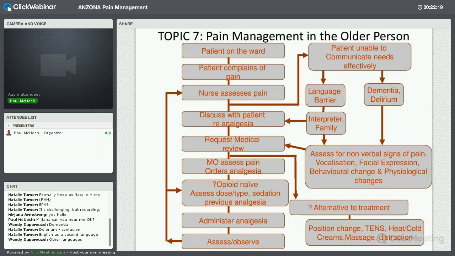The nurse then generally administers the analgesia, and then they observe and assess the person again to see how effective that's been. And so then that then comes back to this step back here. So it's a cyclic process, and you assess the patient's pain again and see how effective the analgesia has been.